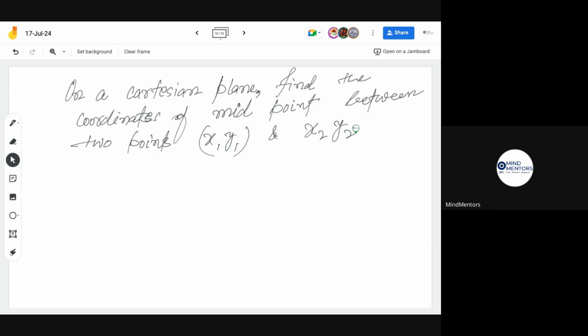You've been given 2 points, x1, y1 and x2, y2. You have to find the coordinate of the midpoint between these 2 points.